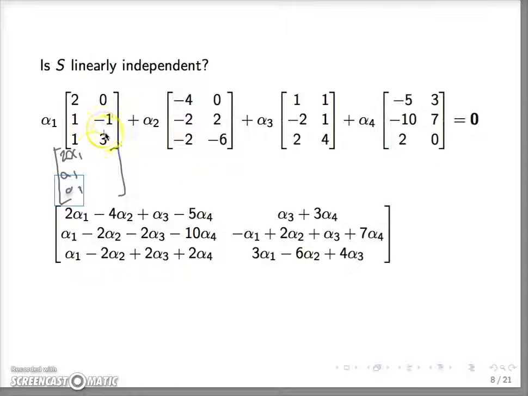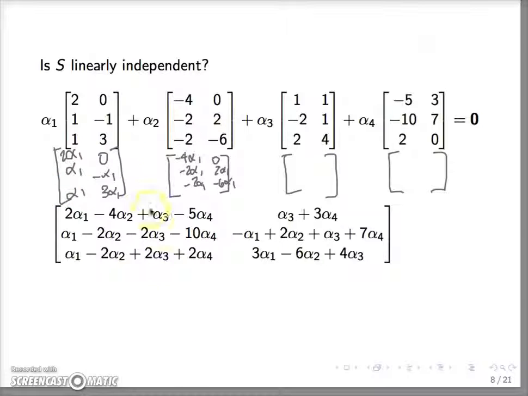And the second column is 0, minus alpha 1, and then 3 alpha 1. If we do the scalar multiplication on the second term of this linear combination, the first column looks like minus alpha 2, minus 4 alpha 2, minus 2 alpha 2. The second column looks like 0, 2 alpha 2, negative 6 alpha 2, right? And that's what's happening on every term of this linear combination.